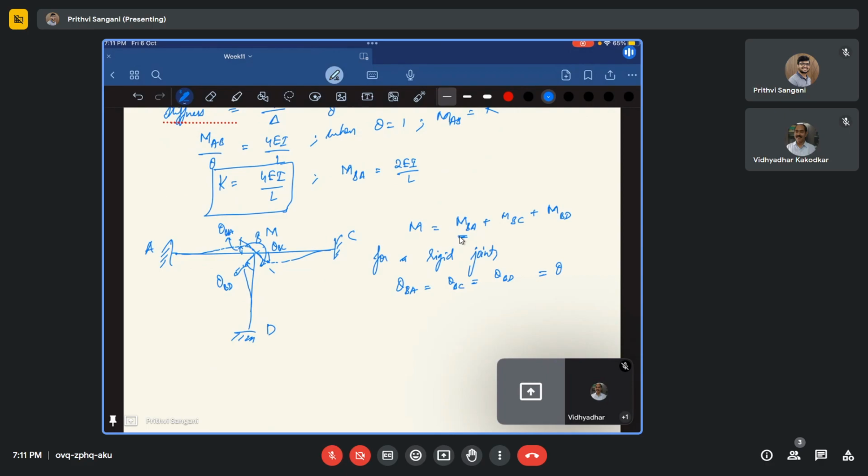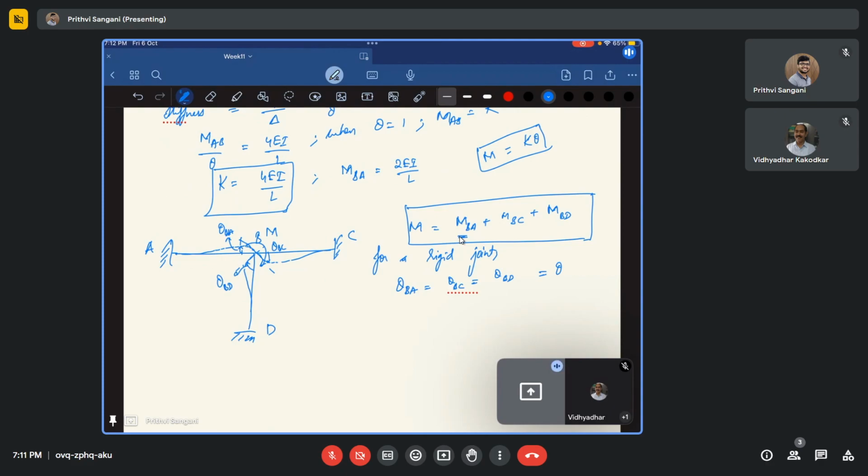Once we know it is theta, we already have the equation M equals MBA plus MBC plus MBD. So what is M in terms of stiffness? Just now we defined that K times theta is M. Stiffness times theta is M. For unit rotation it is called the moment, but if you have some theta rotation, then you need to multiply the stiffness with theta.